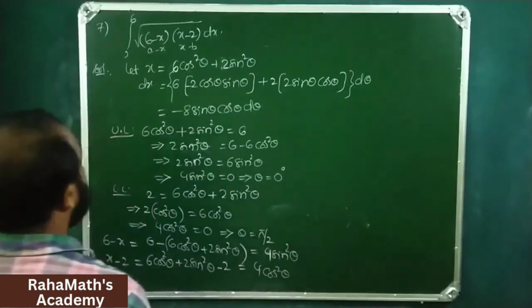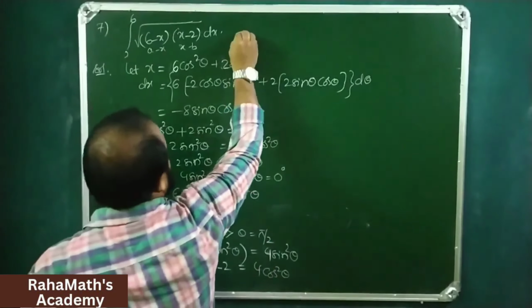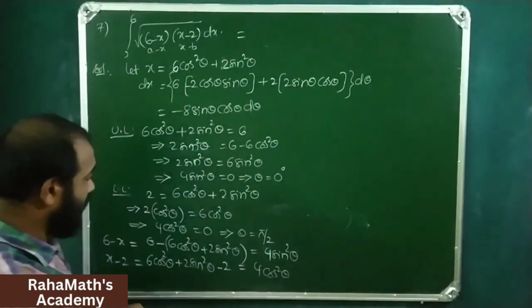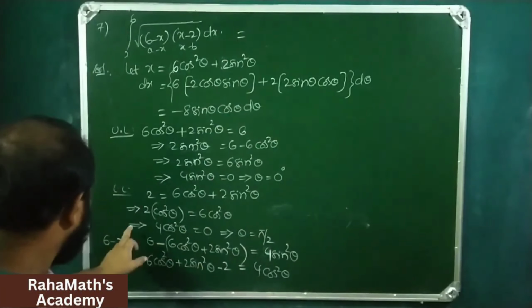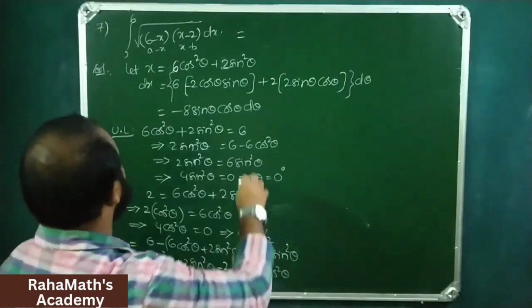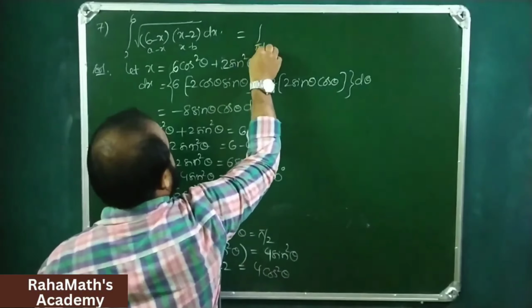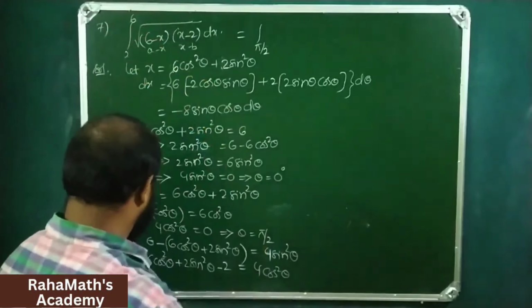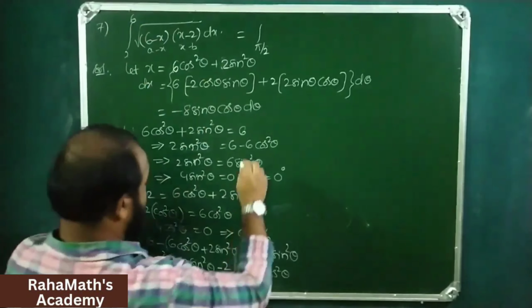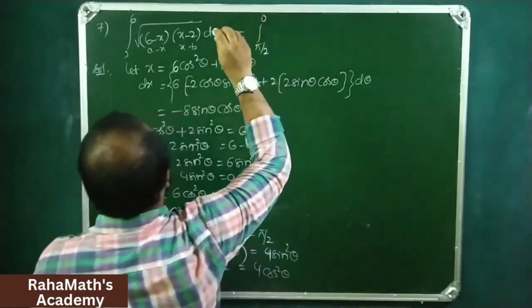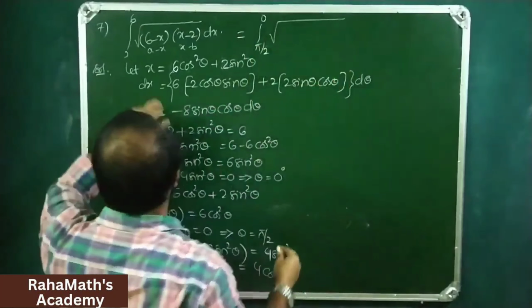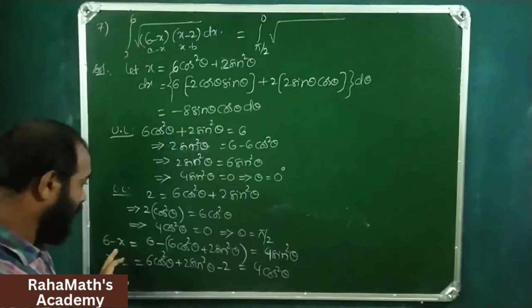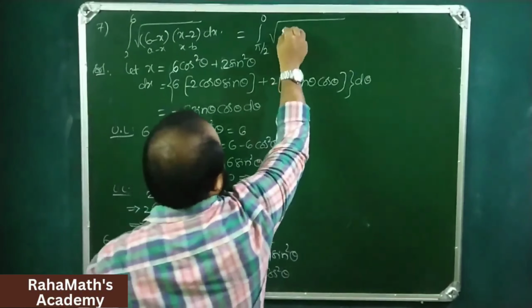Therefore, the total: 2 to 6 has lower limit pi by 2 and upper limit 0. Square root of 6 minus x is 4 sin square theta.